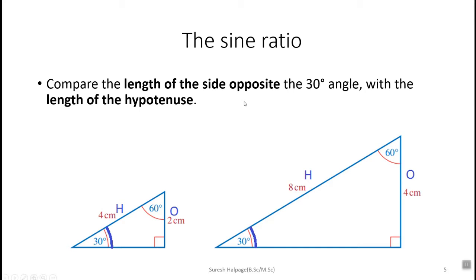Compare the length of the side opposite the 30 degrees angle with the length of the hypotenuse. If you take equiangular right triangles, we can write down a ratio, opposite divided by hypotenuse.